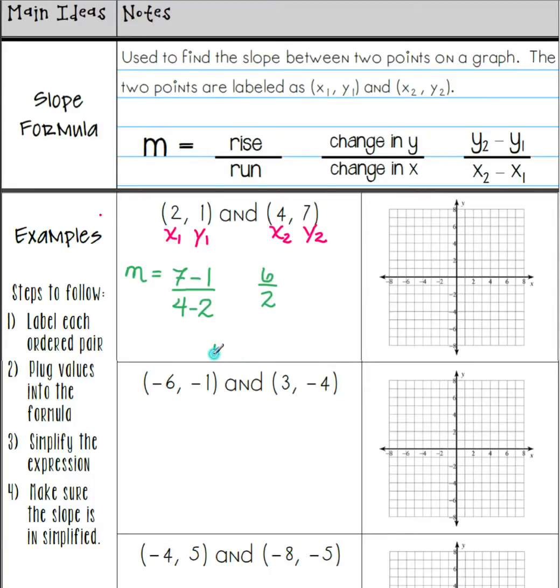So that means that our slope, our m, is 3, or we could also write that as 3 over 1.